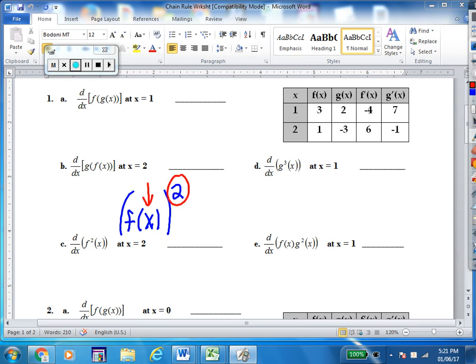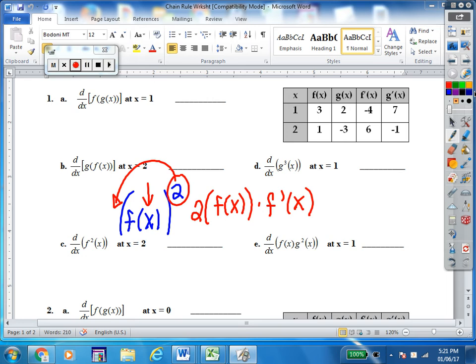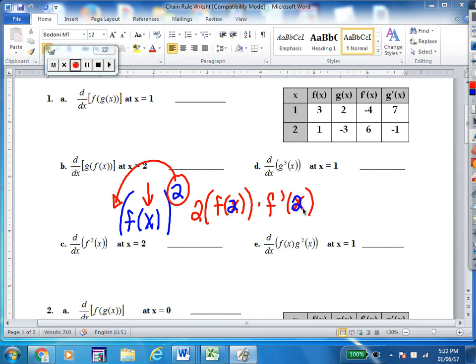So to take the derivative, we'll take the derivative of the outside. So that'll be 2, leaving the inside alone, times the derivative of the inside. And we'll just use the notation because right now we don't actually have a function to work with. And they, of course, want us to do that at 2, so I will replace these x's with 2's. And f of 2, I'm going to evaluate now.